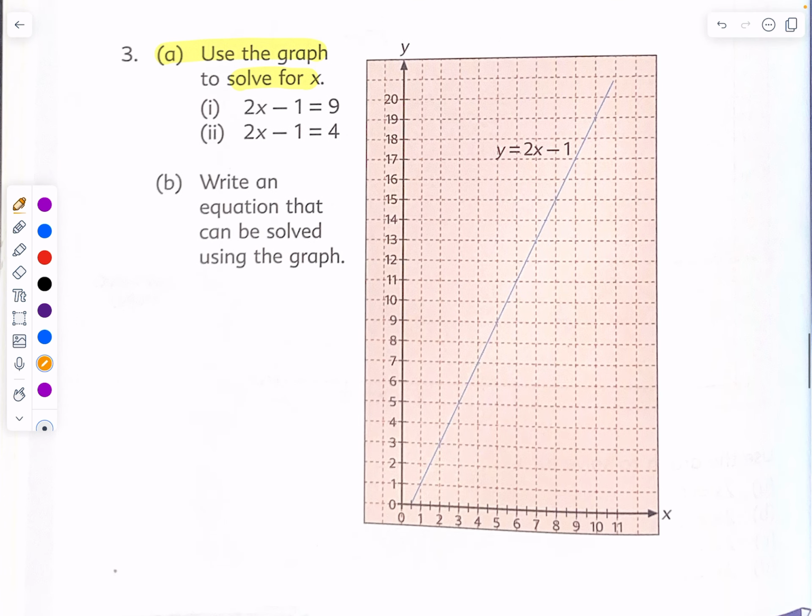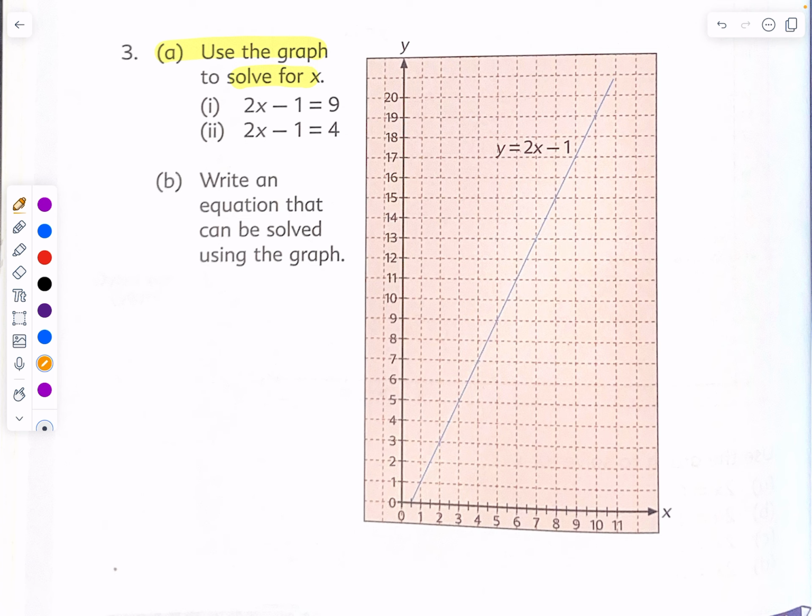One more example, number 3. We have a very steep looking graph. Step 1. What do we notice about this graph? That it is also a straight line. My friends, not all graphs result in straight lines, but so far, this is what we see in the examples. We also have the rule. This is the rule for the graph, right? This is how we generate our outputs based on inputs.